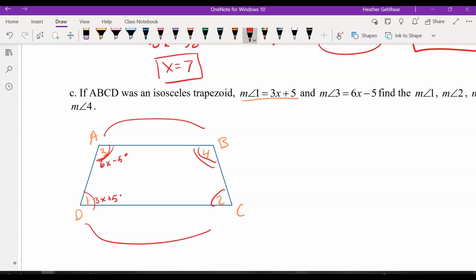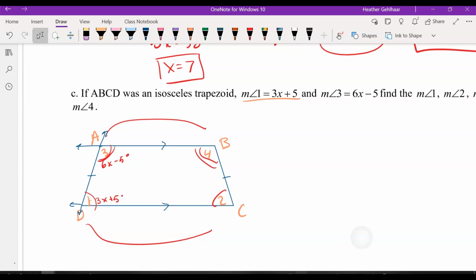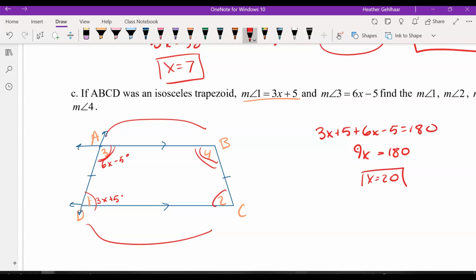Angle A and D, remember, because it's isosceles and just because it's a trapezoid, we know that we have these parallel lines. And if I extended this, those two angles, angles 1 and angle 3, those are consecutive angles. So we can do 3x plus 5 plus 6x minus 5 equals 180. And then when we solve, we'll get 9x equals 180, and then x equals 20.